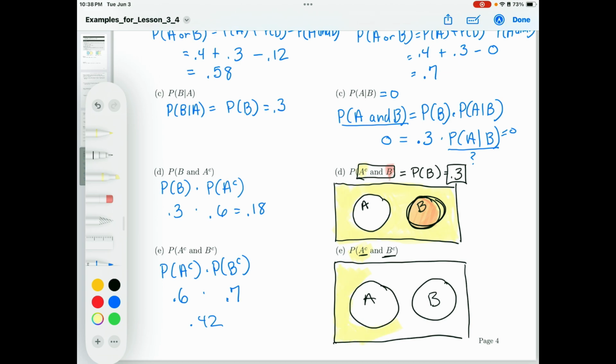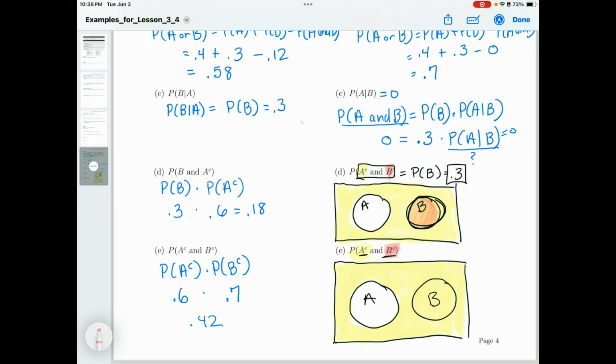So A complement is everything except for A. So everything outside the circle A, which includes the set B. I'm going to shade B complement in this pinkish color. I'll use stripes or something so you can see the difference. So outside of B is B complement, anything outside of B.